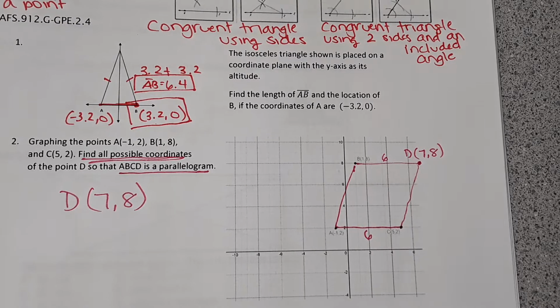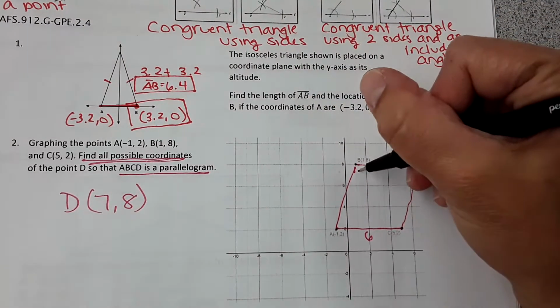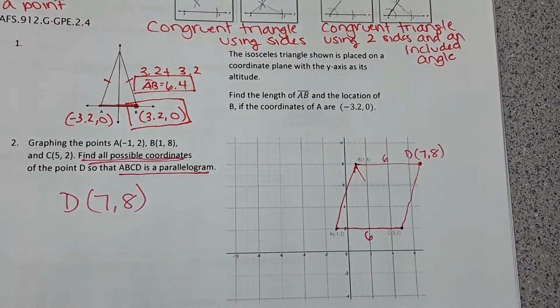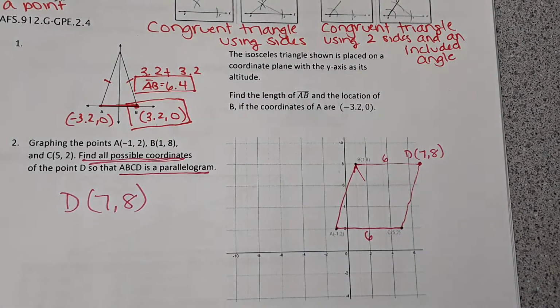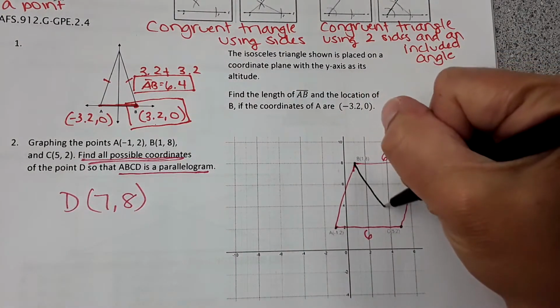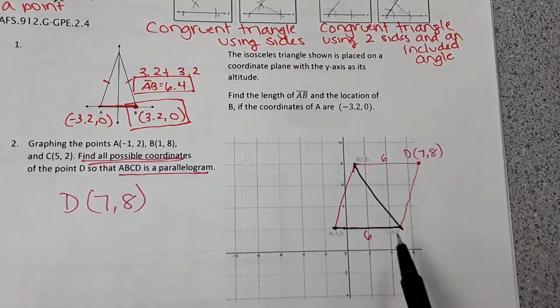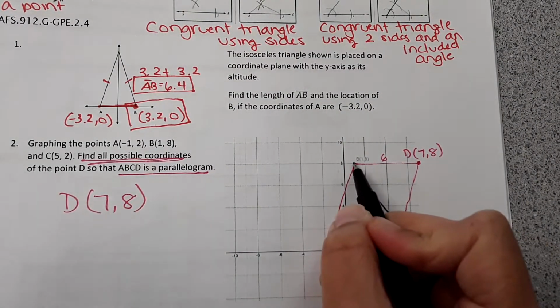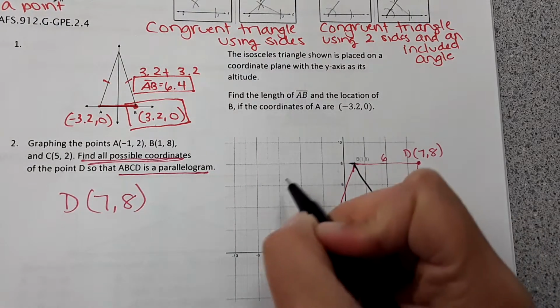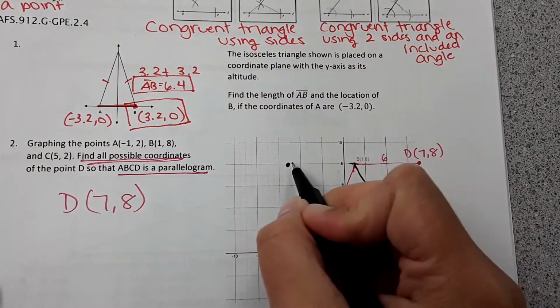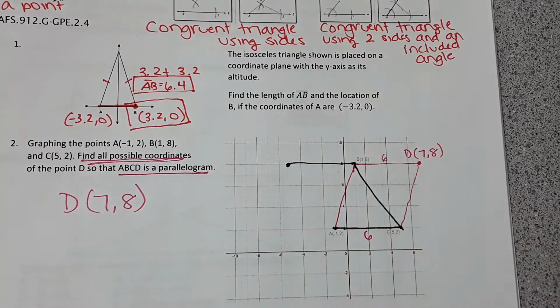Nope. The parallelogram could also go this way. Let me use a totally different color. The parallelogram could also go this way. And again, it's 6 units at the bottom, so it needs to be 6 at the top. So it would go to -5 right here.